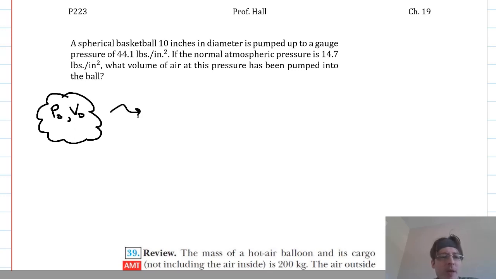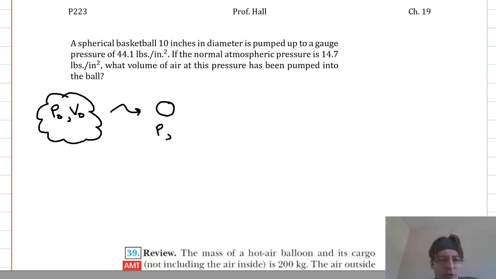Okay, then that air gets squeezed down into the basketball. So now it's in the form of the air crammed into the ball. What I know here in the final state, I know what its pressure is. I know the value of P, or we called it P prime before.